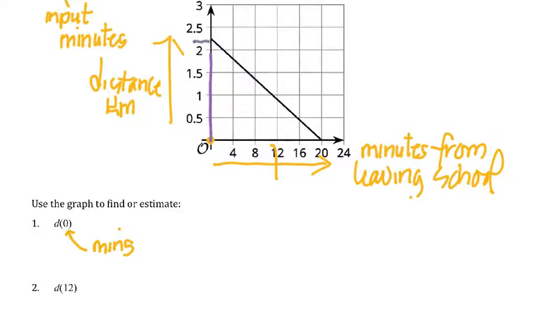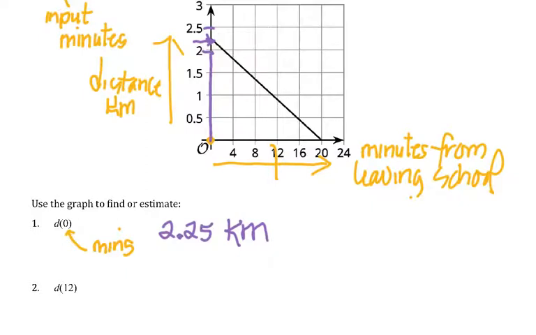Well, I know this is 2 and this is 2.5. So it's about halfway between 2 and 2.5. So I'm going to say this is 2.25 kilometers. All right, so that's the distance at 0 minutes.